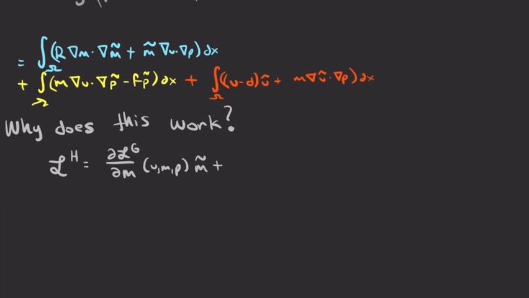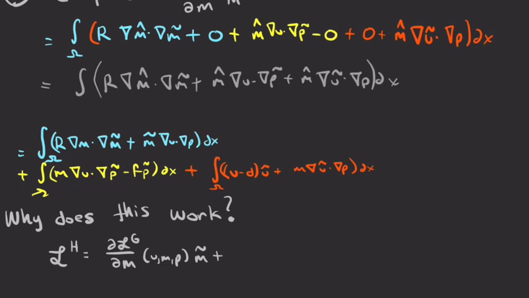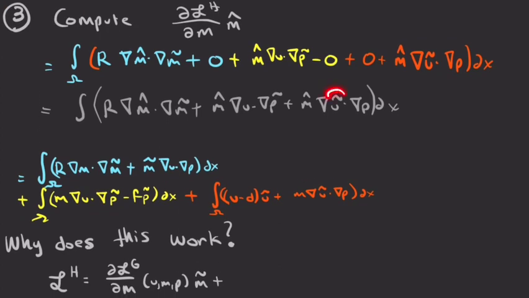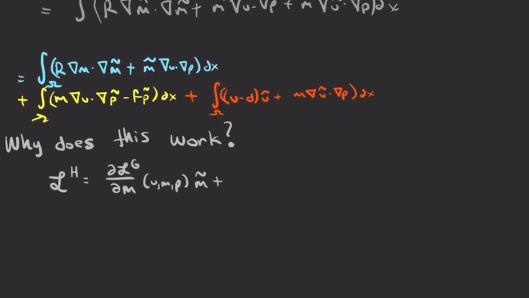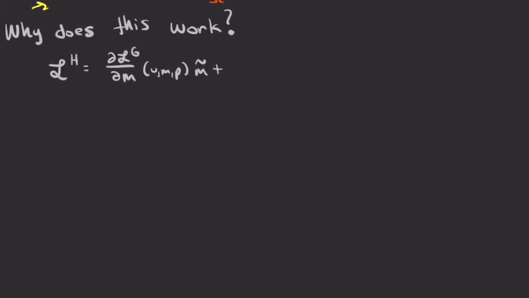Just try not to get confused with those. That's why I like this notation, is that once you pass this dummy to tilde and keep everything as hat, it becomes clearer, in my opinion, that you're always taking derivatives with u, m, and p, even though you've introduced these new variables. So why does this work?